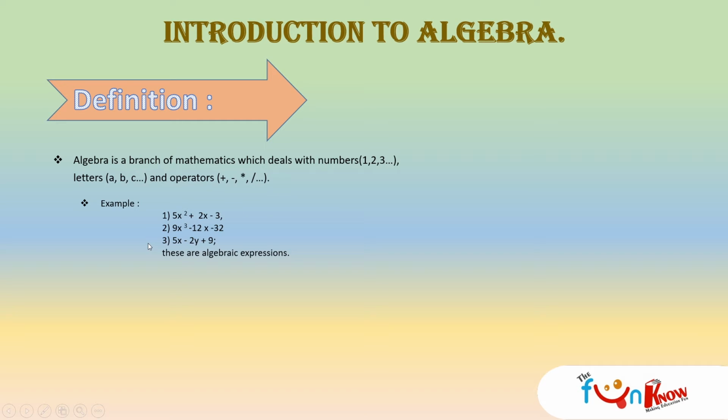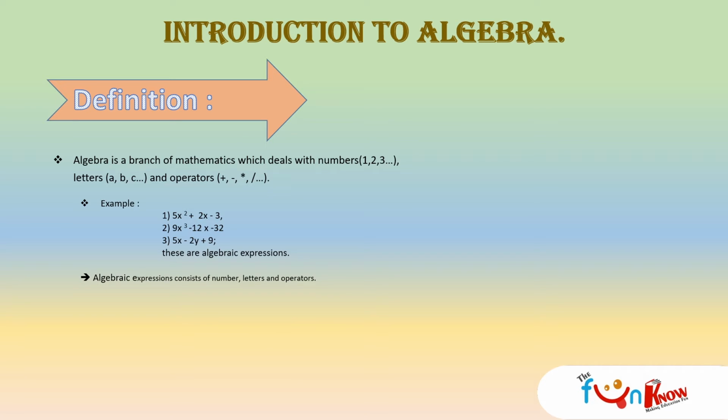Here are two more examples of algebraic expression: 9x cubed minus 12x minus 32, and 5x minus 2y plus 9. These are some examples of algebraic expression. Remember, students, an algebraic expression includes number, letter, and operator.